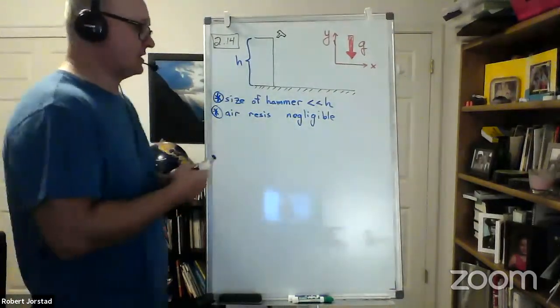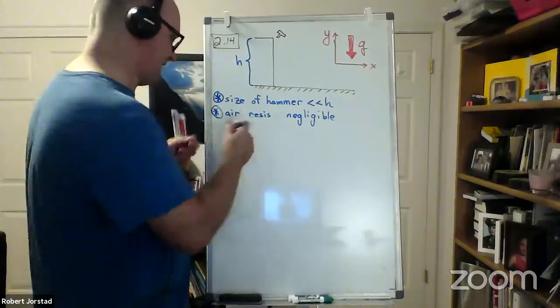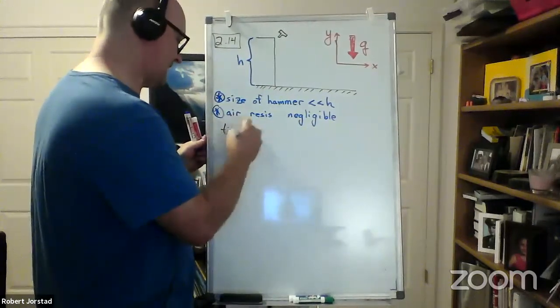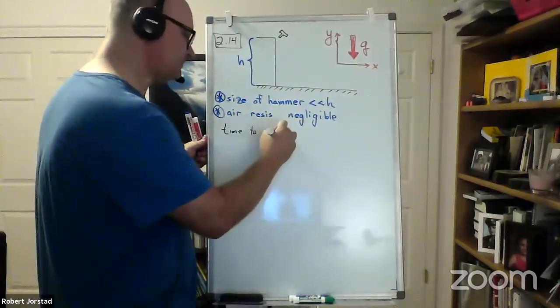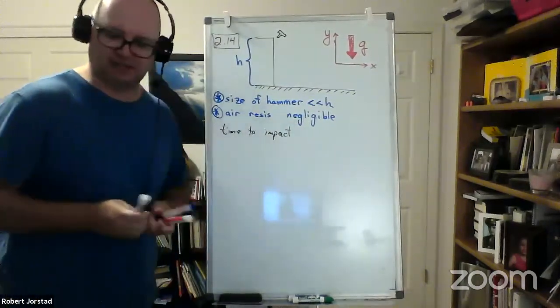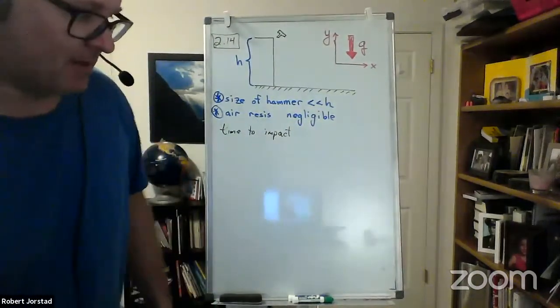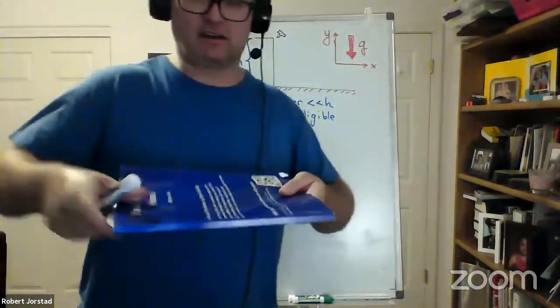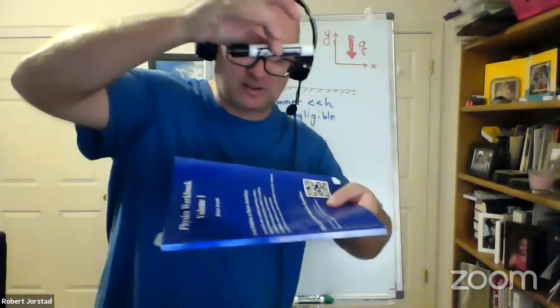All right. So we were asked to find time to impact. Now, a lot of students, when they take a physics class, really get hung up on these words, so I want to spend just a second on this. Let's say we're talking about this marker dropping and hitting there.